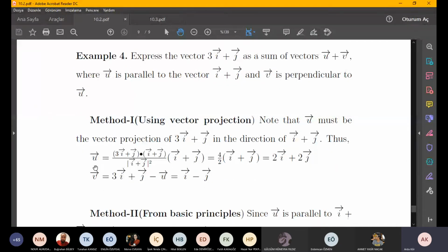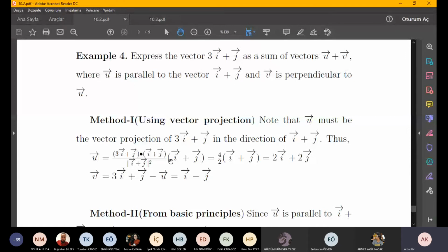Then by vector projection, u is 3i plus j dot product i plus j over the length of i plus j squared times i plus j.